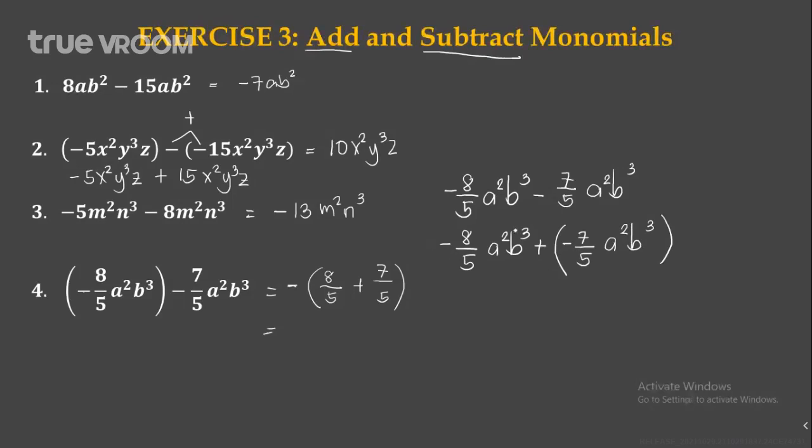So they are both negative. What are you going to do? Negative 15. So this is negative 15 over 5.